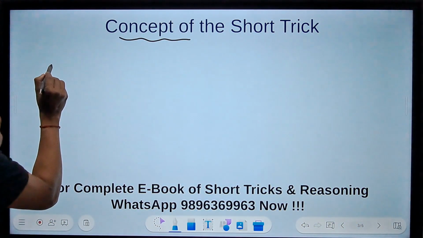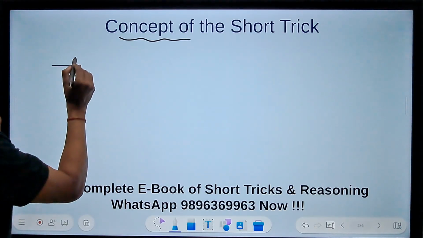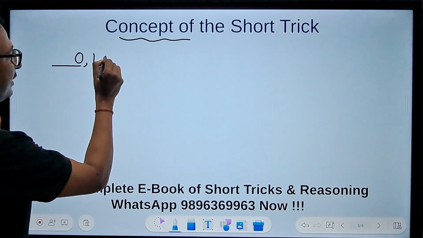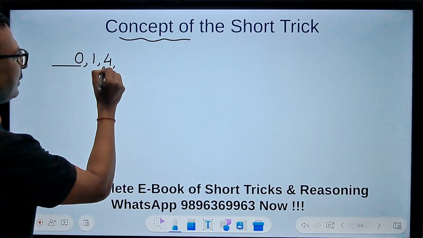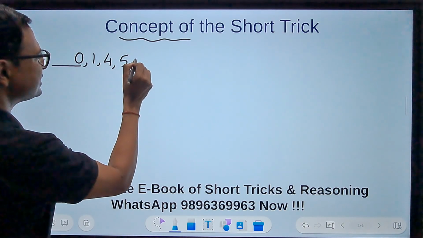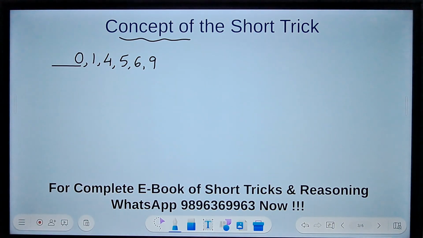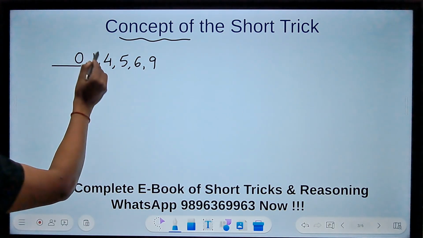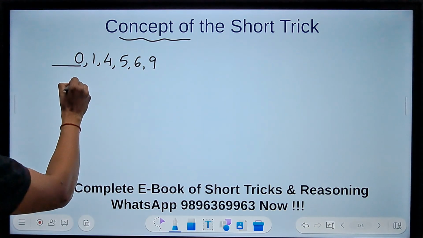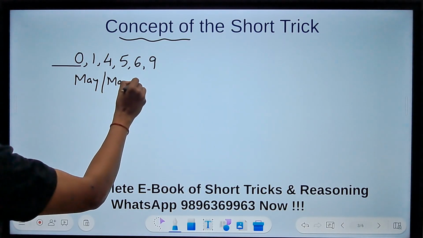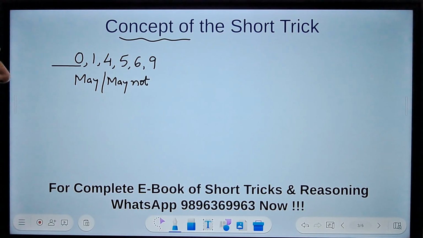Remember, any number which ends in 0, 1, 4, 5, 6, 9 may or may not be a perfect square.